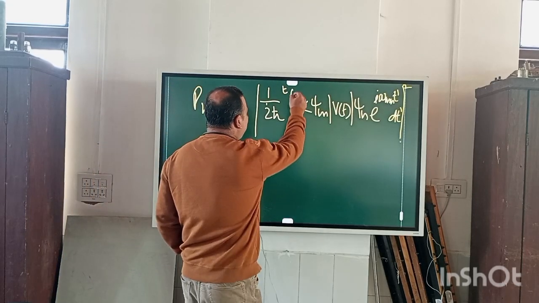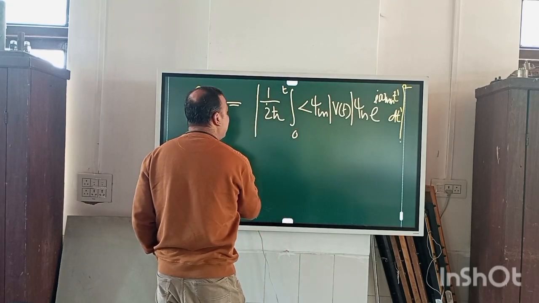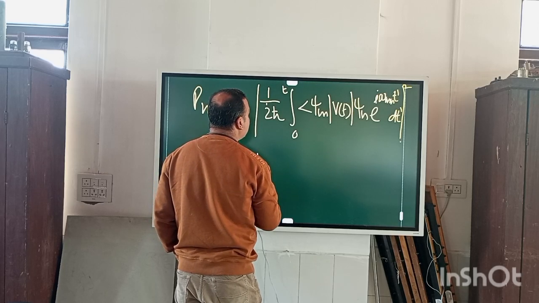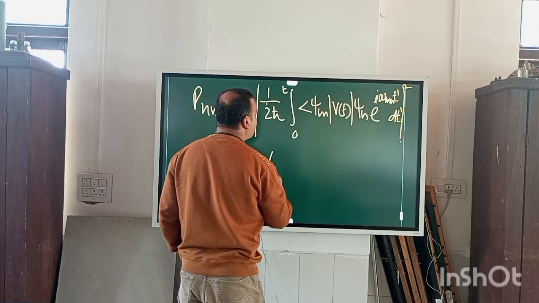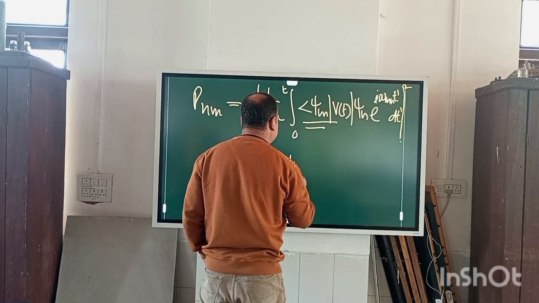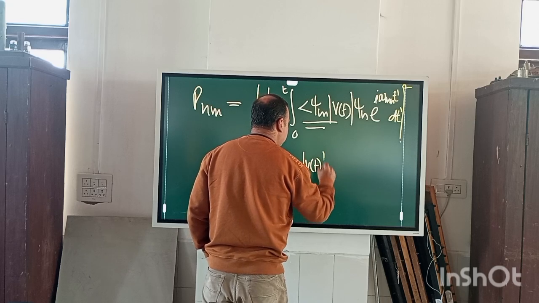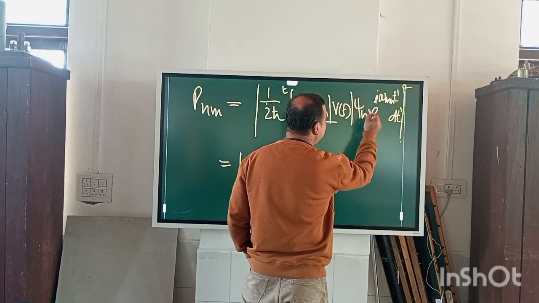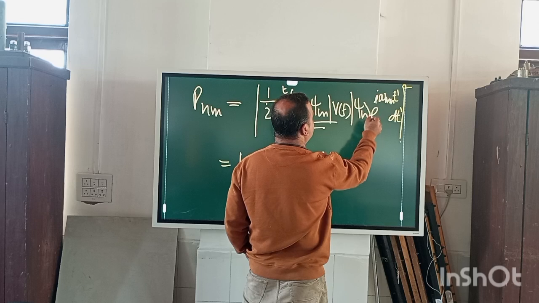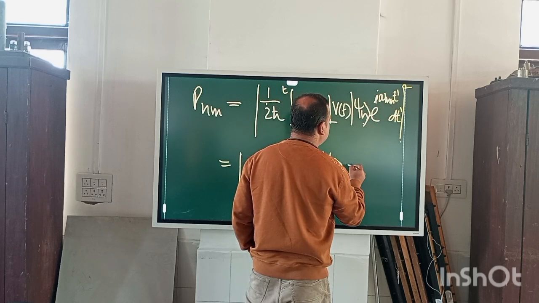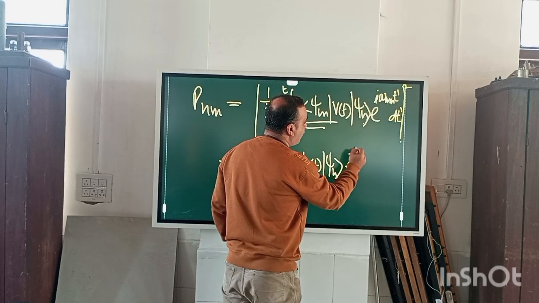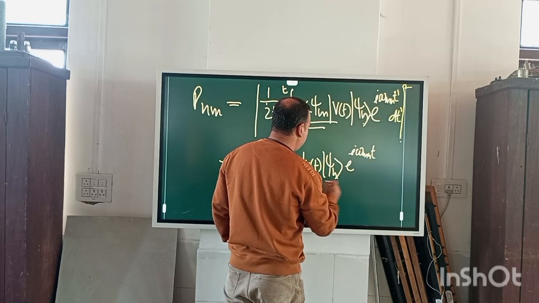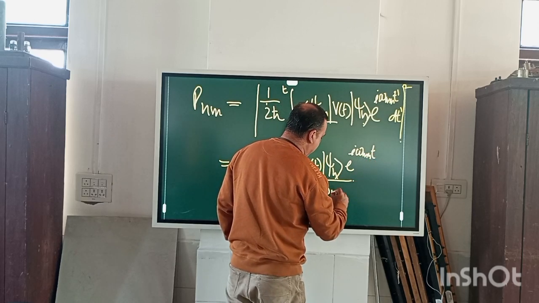Now let me see. We have an integral inside. If I integrate these two things, what I have is 1 by iħ. So we will take u as x, so ⟨ψm|V(t)|ψn⟩, and the integration of v. So the integral of this exponential function: what will be the integration of this? It will be the exponential function e to the power of iω_mn t divided by iω_mn.